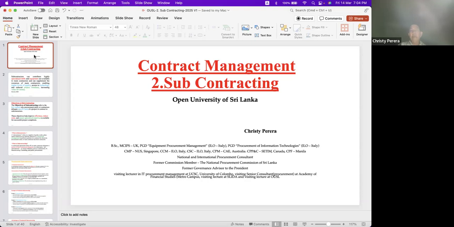Or sometimes the procurement entity, or the client, will decide who the subcontractors are. They are called nominated subcontractors.